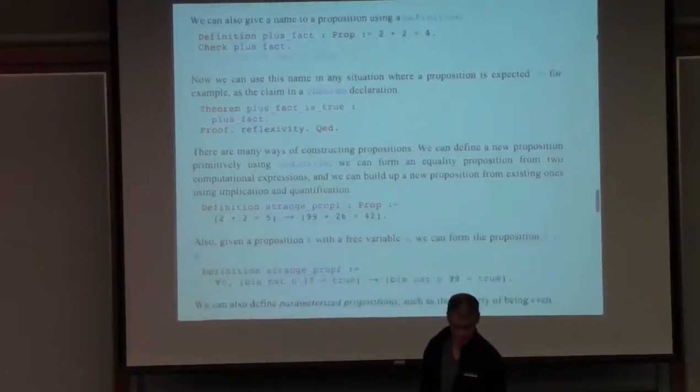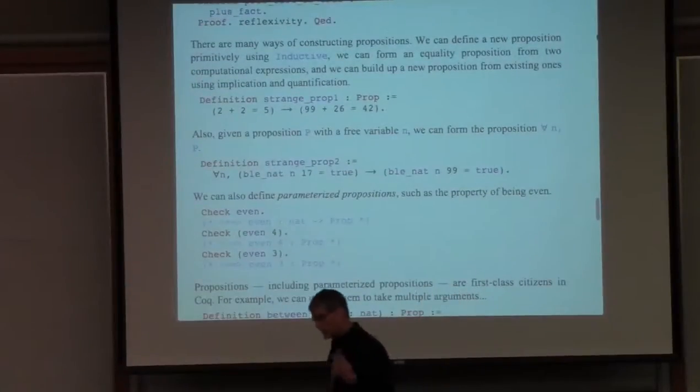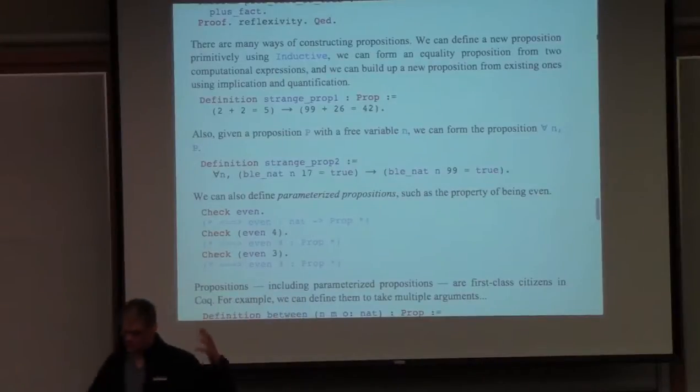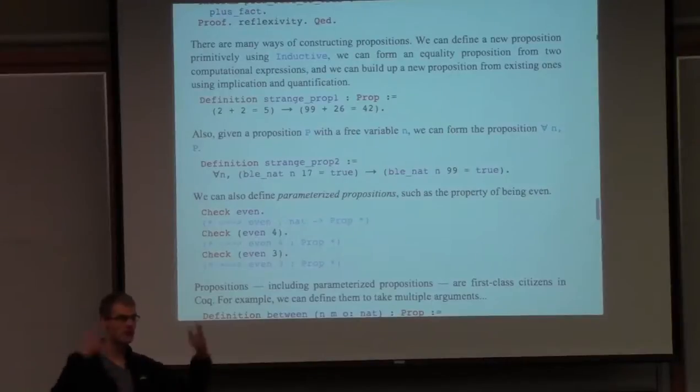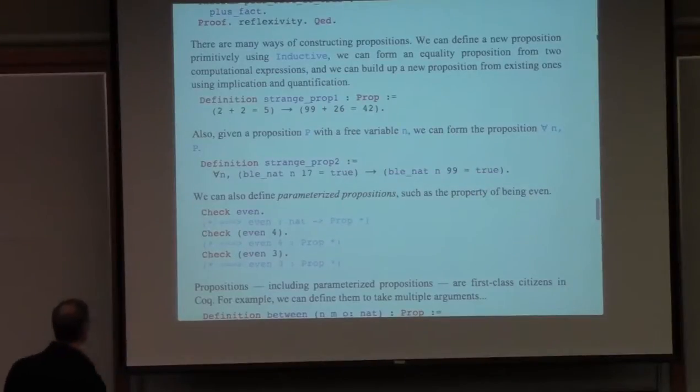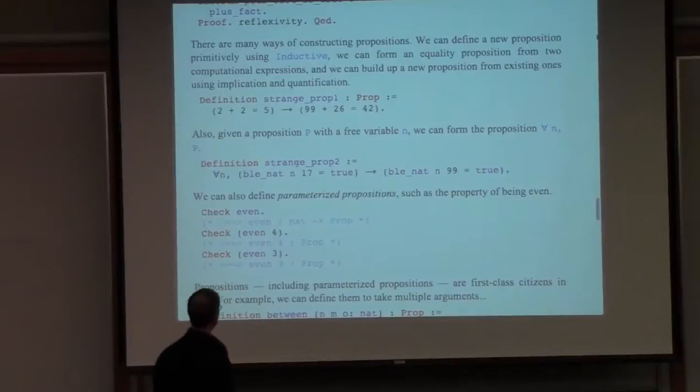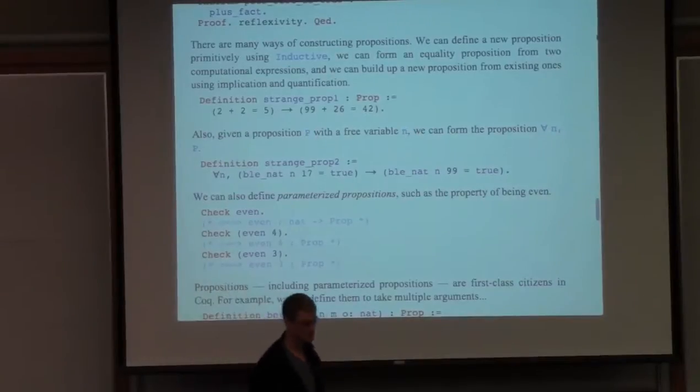Okay, now we can use old propositions to build new propositions. We've seen this before, of course, because you can take two propositions and put an arrow between them, and that's a new proposition. But we can also define parameterized propositions like even. So that's a function from numbers to propositions.